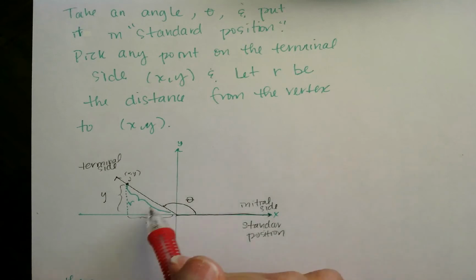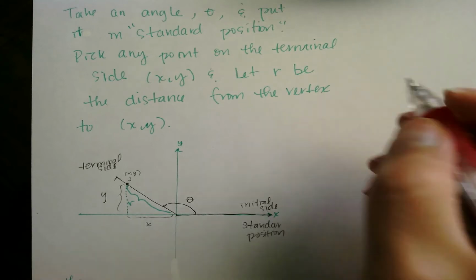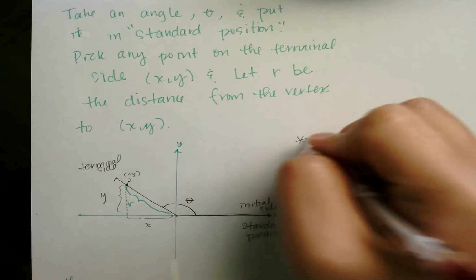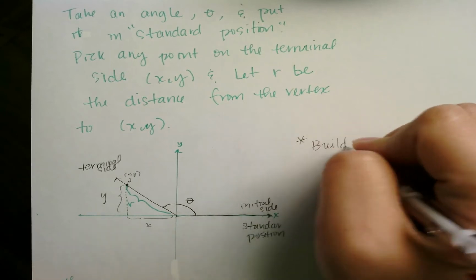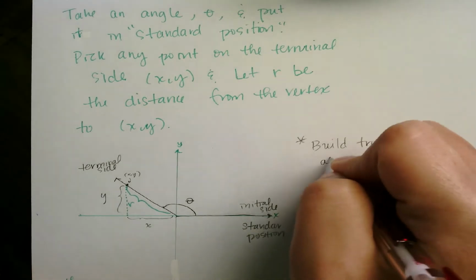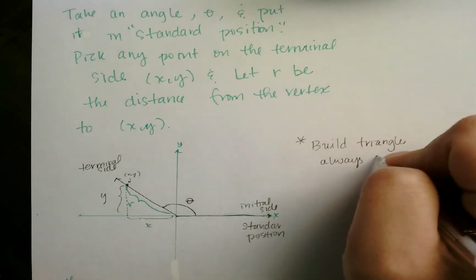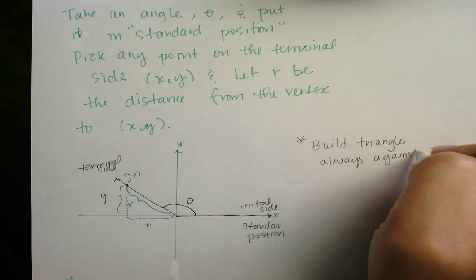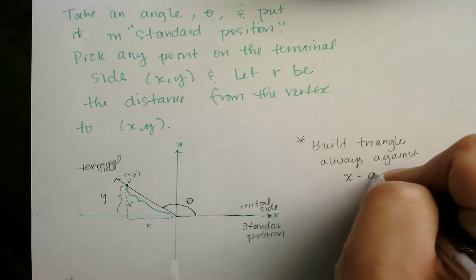I was going to write something down and I forgot what I was going to say. Oh, you build the triangle always against the x-axis.